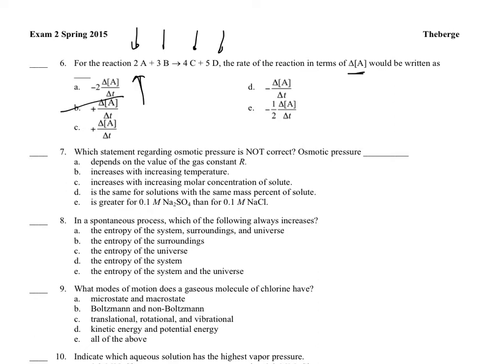And so using that coefficient removes B, C, and D. And so it comes down to either A or E. In order to normalize all of these rates to the same rate, we divide by the coefficient. And so we have the negative sign correct because it is indeed losing because it's a reactant. And so when we divide by the coefficient, we divide by 2, which is the same as 1/2.